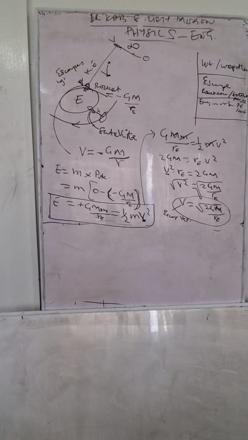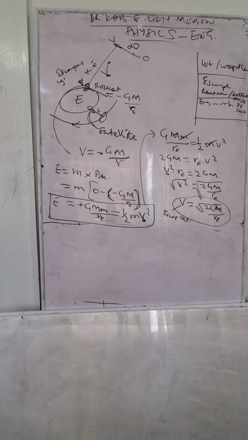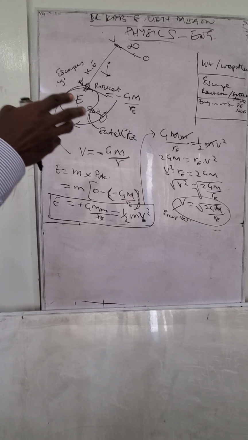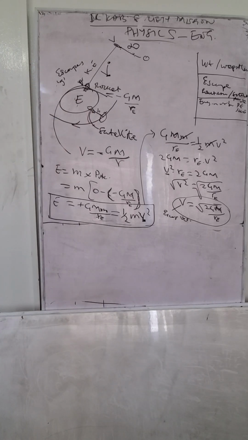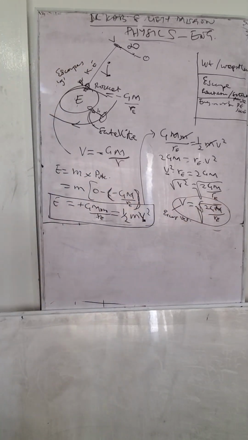So once you know the earth's mass and the gravitational constant, capital G, you know 2 is there, you find the square root, and then you get your escape velocity. So let's see how it will go.